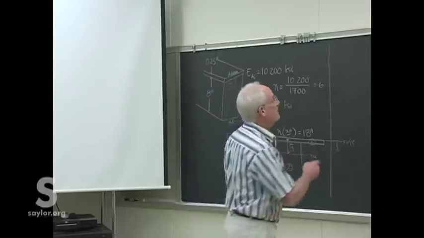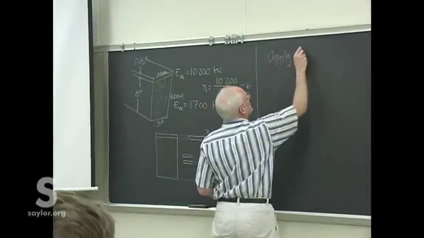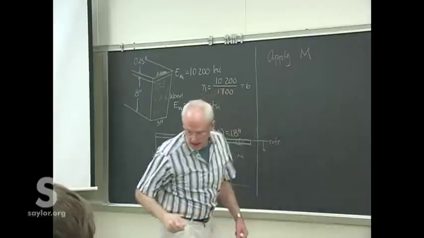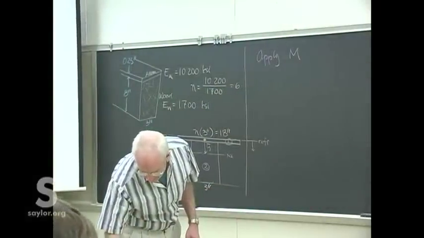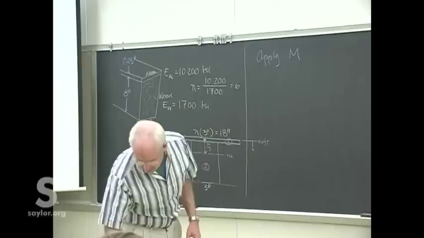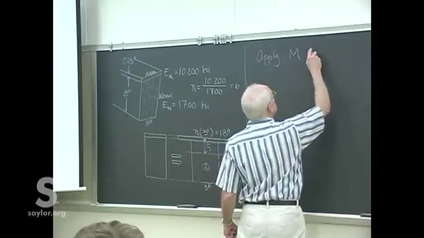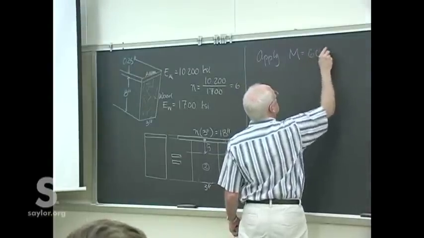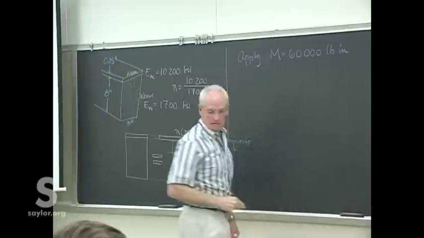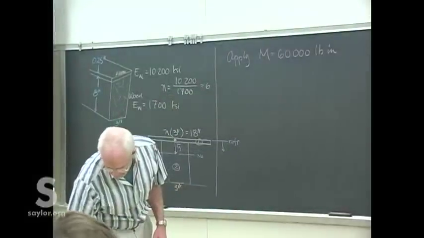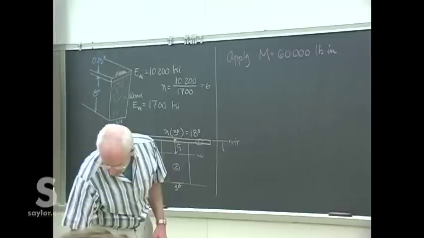So let's imagine a moment was applied of 6,000 pound-inches in our usual sense. $6,000 or $60,000? 60,000.